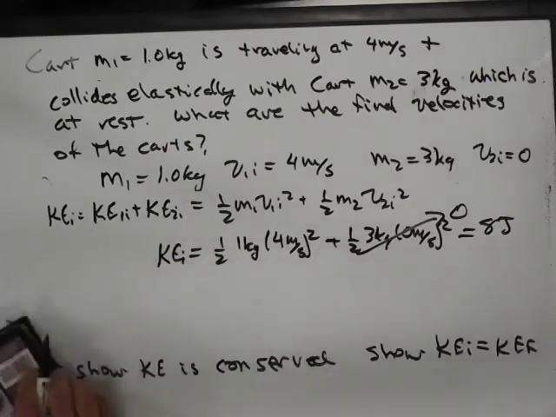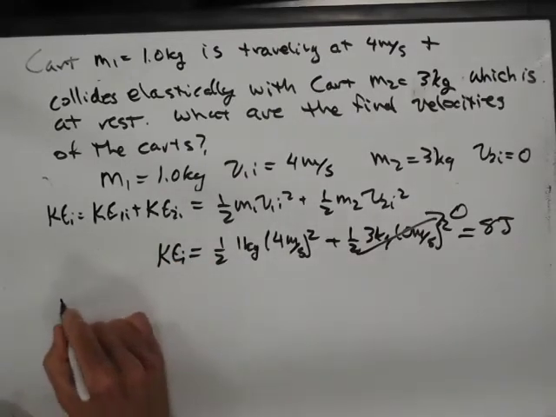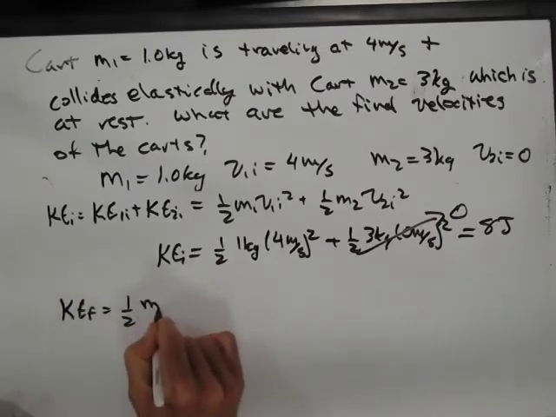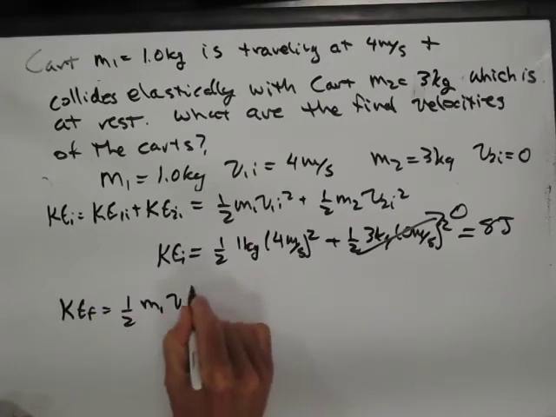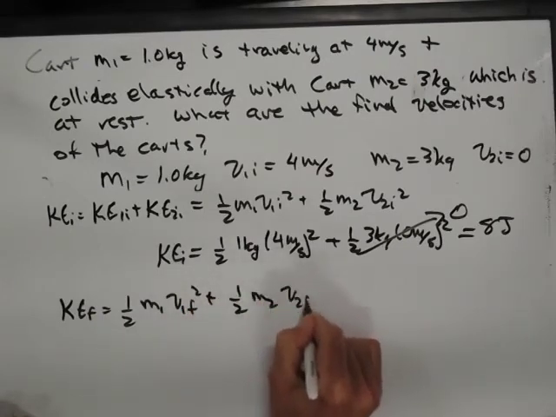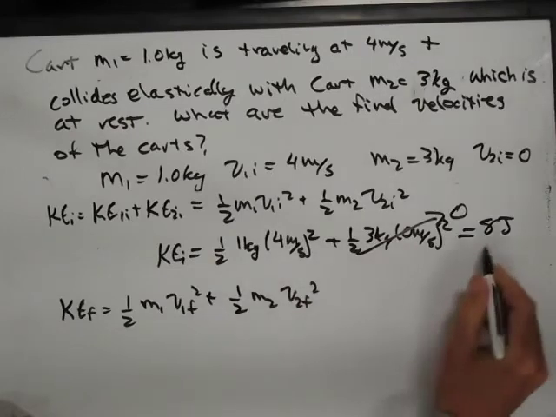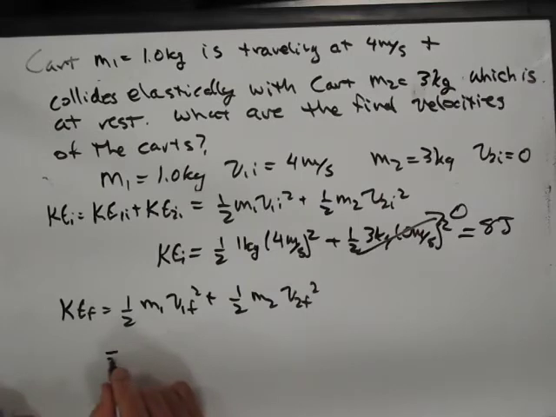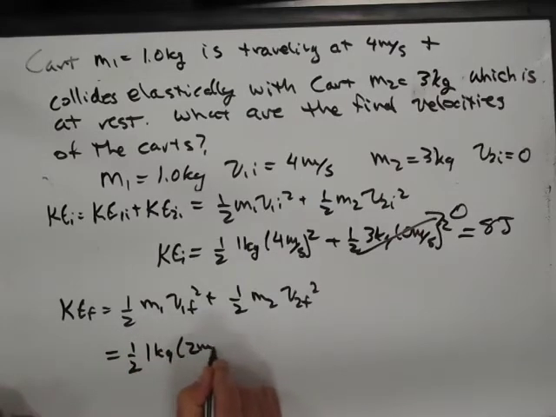Let's figure out what the final kinetic energy is. KE final equals 1/2 M1 V1 final squared plus 1/2 M2 V2 final squared. And if kinetic energy is conserved, these will come out the same. And so this is equal to 1/2 times 1 kilogram times 2 meters per second squared, because that was the final velocity of cart 1.